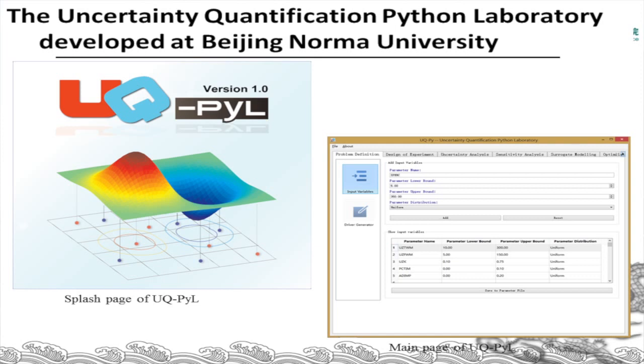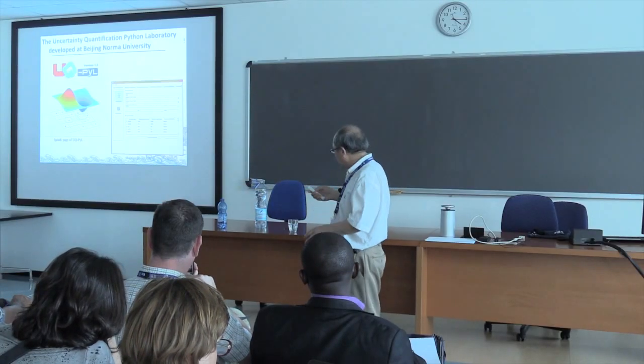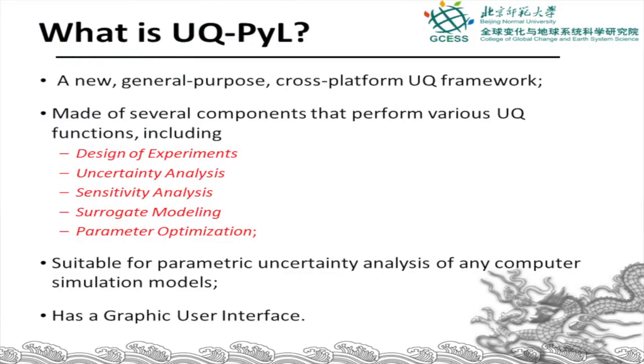This software package has a graphic user interface. It has all kinds of different functions, including DOE, uncertainty analysis, and sensitivity analysis. It's like a playground for all kinds of different methods. We are trying to put all the popular ones in there, so if you play with this, you are able to try different algorithms.